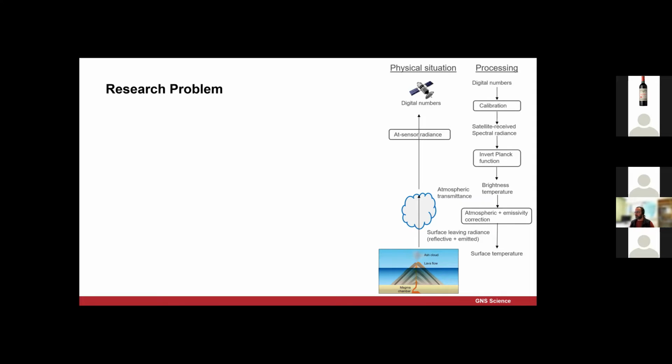But we take those results as is, then convert those satellite received spectral radiances, apply the inverse of the Planck function, and convert it into brightness temperature, or what we call top of the atmosphere temperatures.